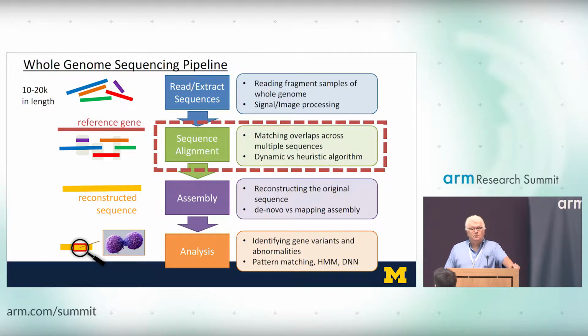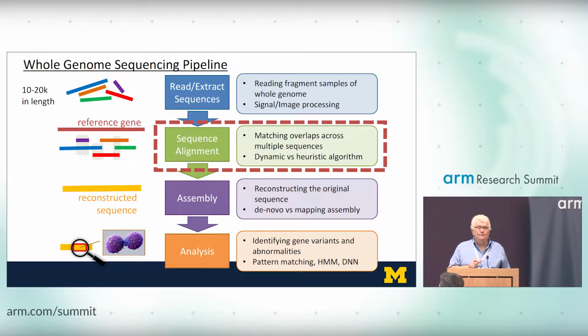Now, there are lots of components to this. I'm not suggesting that the only thing is to speed up the computation. In fact, the secret sauce is usually in the transduction of creating these fragments, but here's roughly what we're trying to do, for people that are not familiar with this, and you're certainly not listening to an expert on the subject. You typically have a reference gene, and you have these splices from samples of people's genomes.